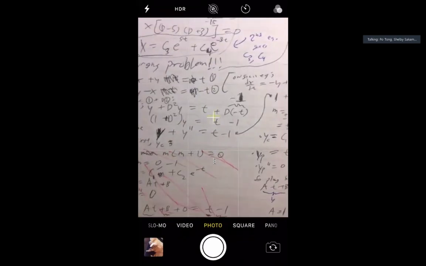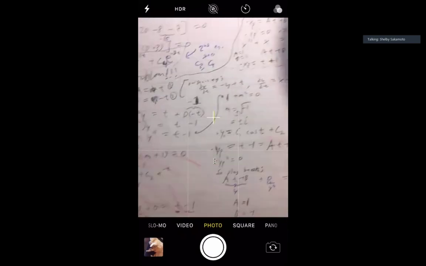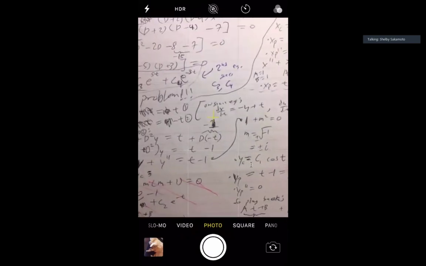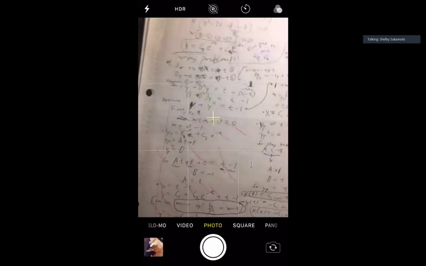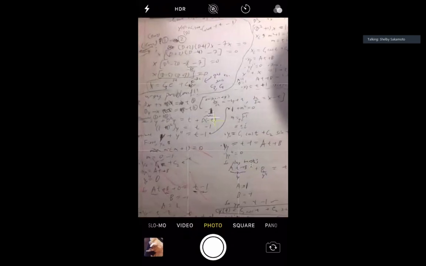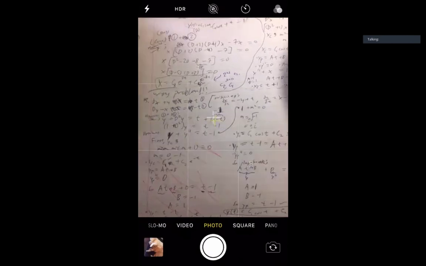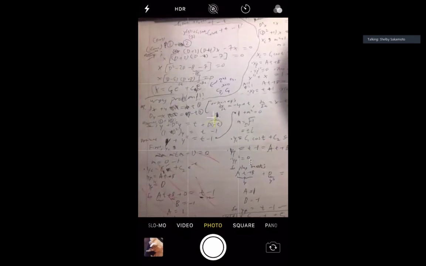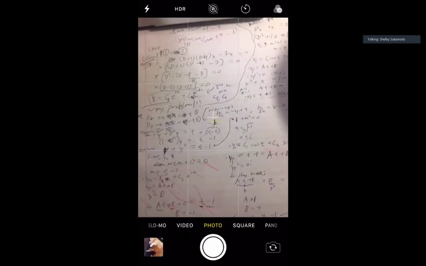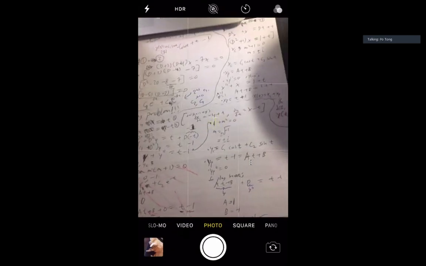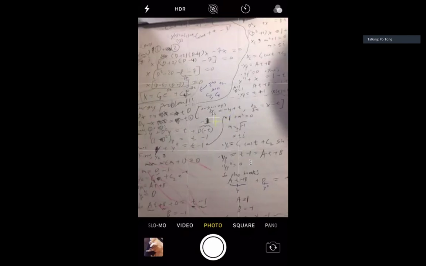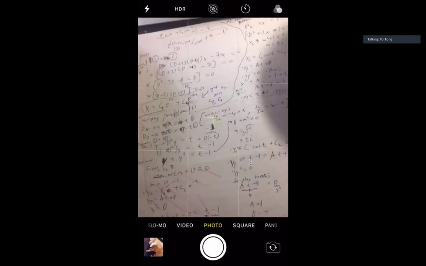Because for number 3, I think I eliminated x first and got a completely different answer than the right answer. But when I eliminated the other variable first instead, I got the right answer. But sometimes both answers are right.